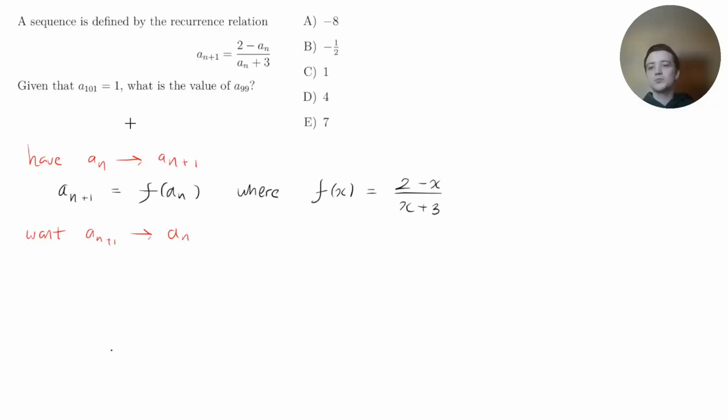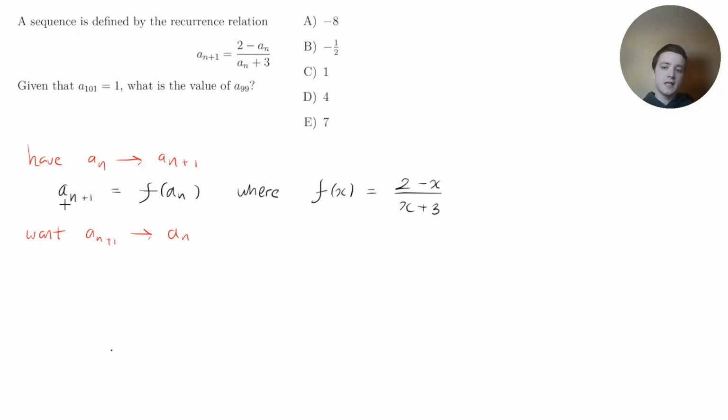We can notice that this is essentially asking, given some term, what's the input that we gave f? So for example, the 101st term is 1. To figure out the 100th term, we'd have to figure out what we can stick into f to get 1. Now this might make you think of inverse functions. Inverse functions tell you what input a function was given to get a certain output.